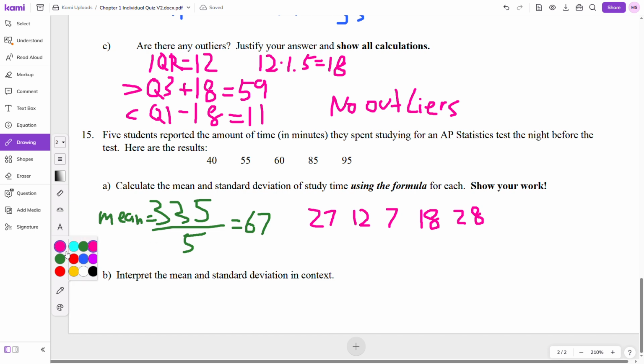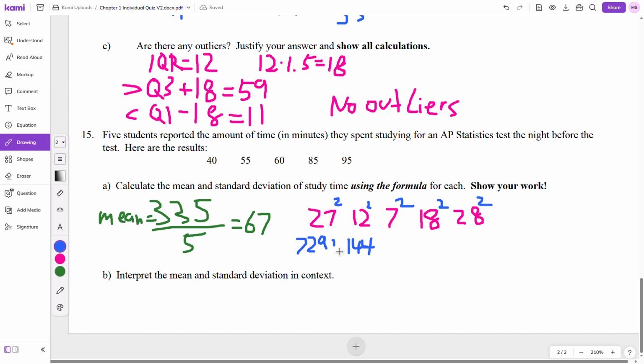So square this, square that, square that, square that, square that. And so I already know what 12 squared is. 27 squared, do I do it in my head? I could probably, but I'm not going to do it.